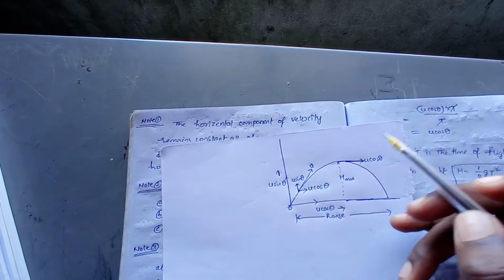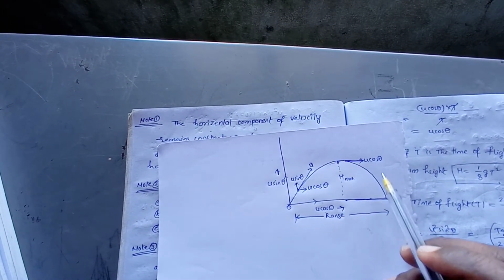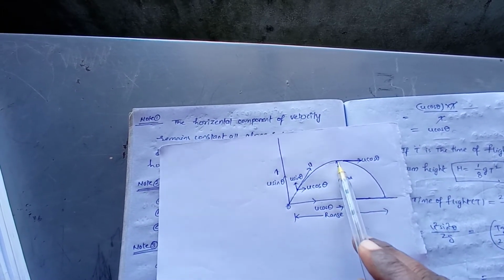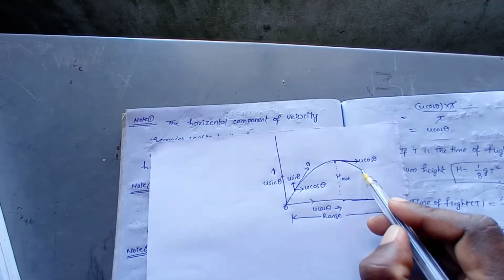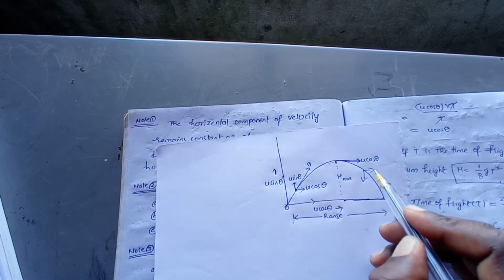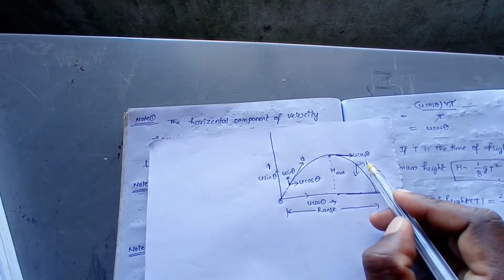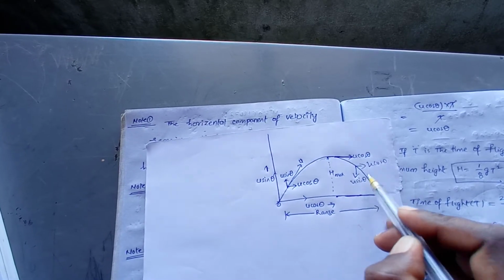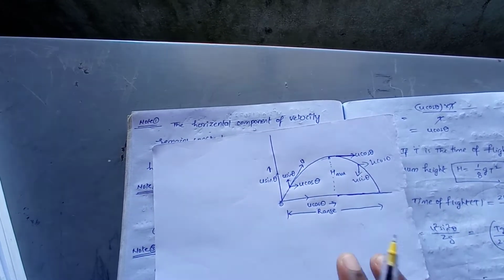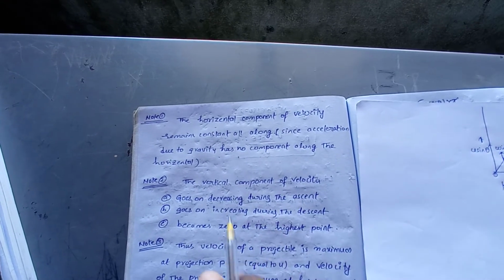After that, the vertical component of velocity goes on increasing. So after maximum height, the vertical component of velocity goes on increasing. So this is the horizontal component of velocity, this is the vertical component of velocity. Okay, this is the second point.